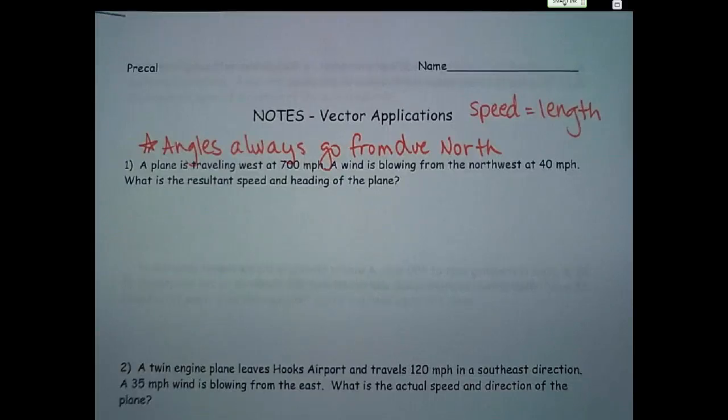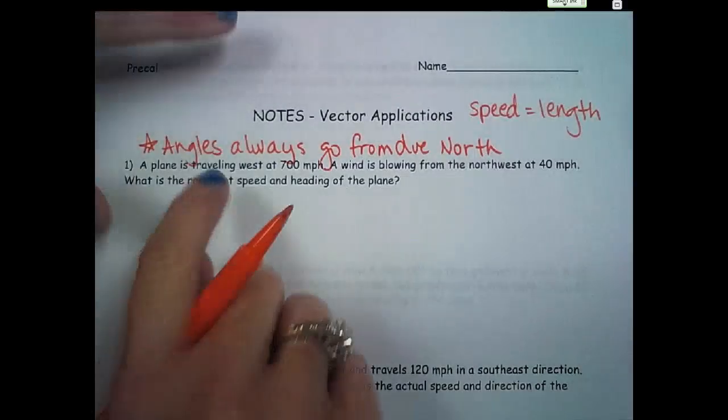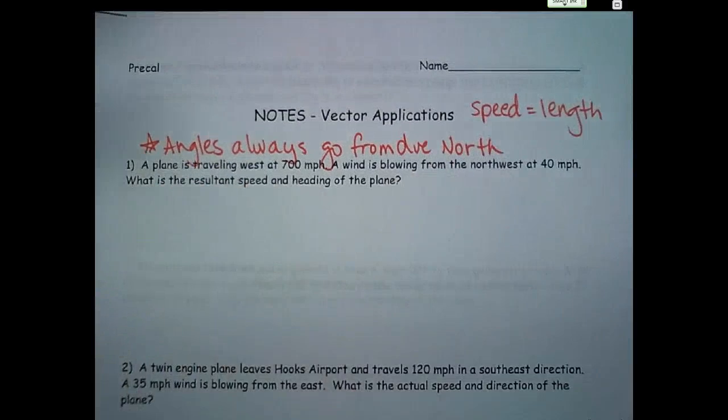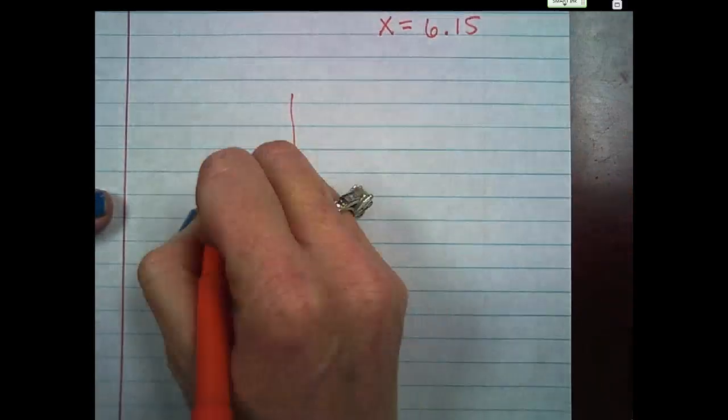That's important to know. Now the next thing is more conceptual, so I just want to talk to you for a second about the reason that we have to call angles from due north. I'm going to draw a grid right here, and this is not like a coordinate plane. This is the compass rose. For example, this is north, south, west and east.